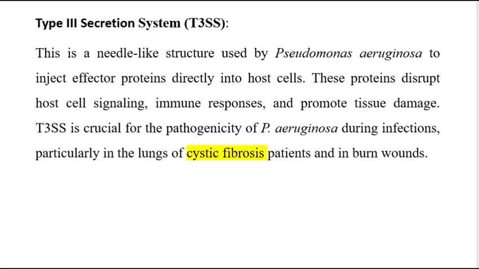They block the immune response, so the body cannot fight the bacteria effectively, which leads to infections and diseases. It's a major virulence factor that helps the bacteria invade the body, survive immune attack, and cause severe infections. That is why the type 3 secretion system is very important.